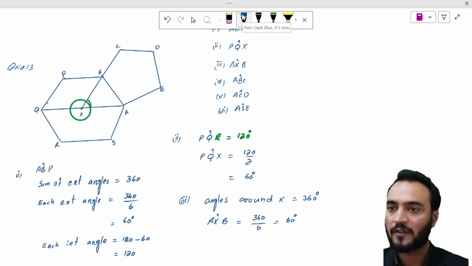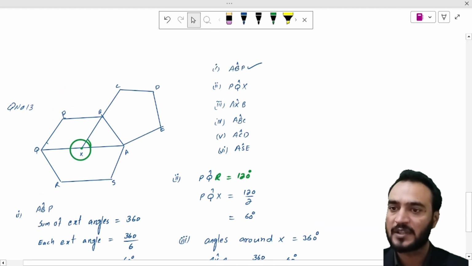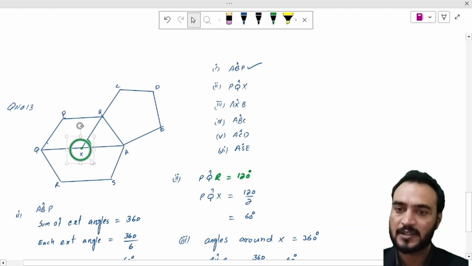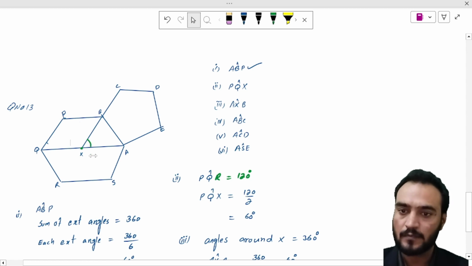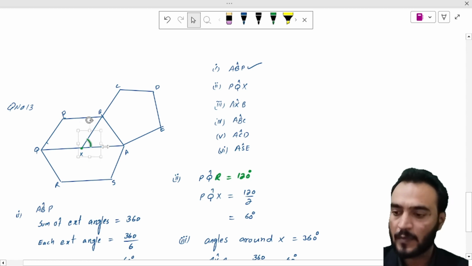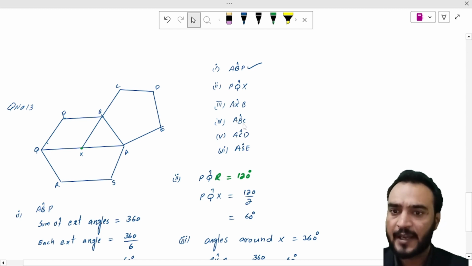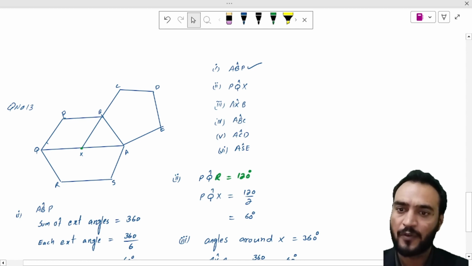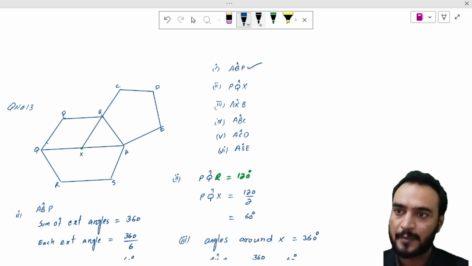Now we will solve part 4 of this question. Part 4 is the angle ABC. This is the angle which is required now, angle ABC, as ABCDE is a pentagon.